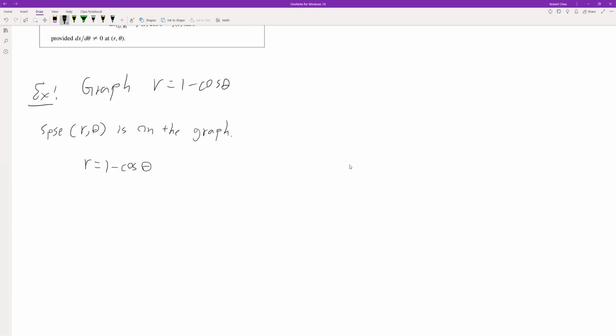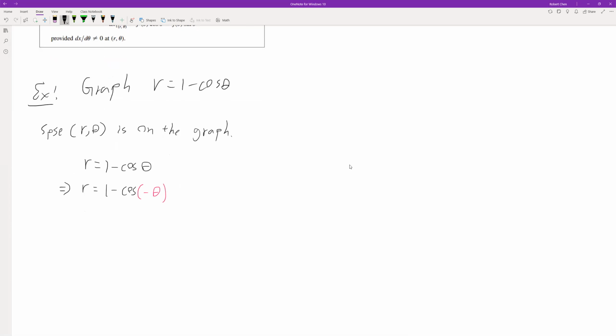What we know is that cosine is an even function. So instead of using theta, we can use negative theta, and they are the same thing: cosine theta and cosine of negative theta are the same.